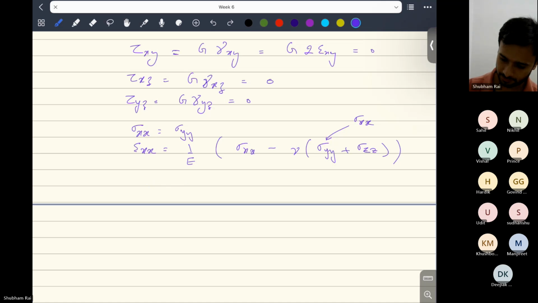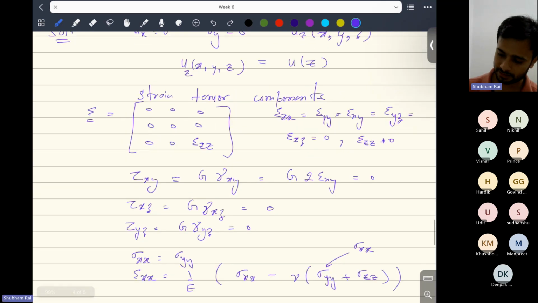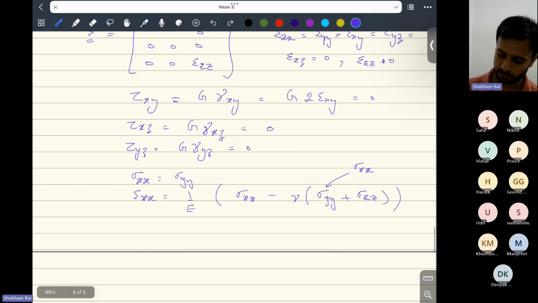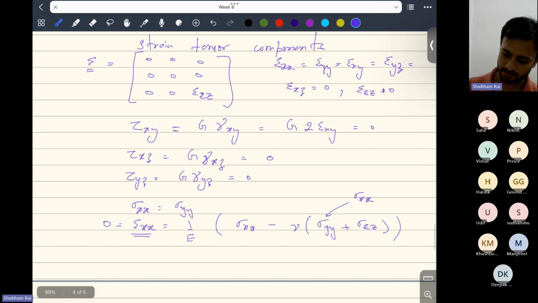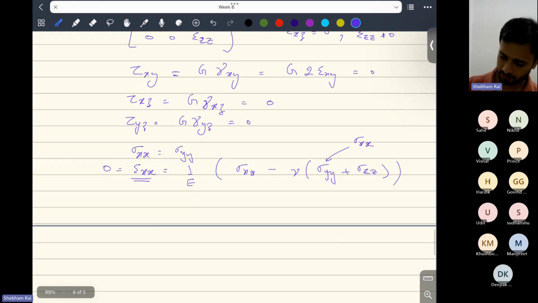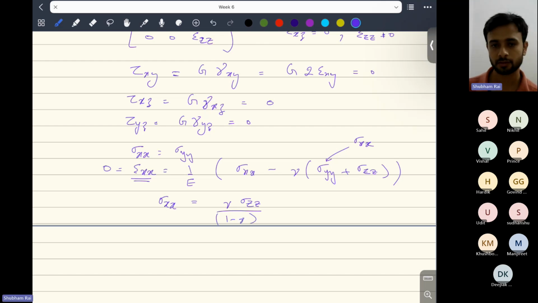Also, this epsilon xx is zero from the strain tensor, so this expression is equal to zero. Because we had taken 1 minus nu as common, sigma xx will be nu times sigma zz over 1 minus nu, if I'm not wrong.